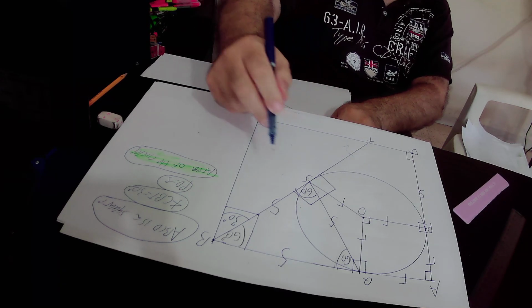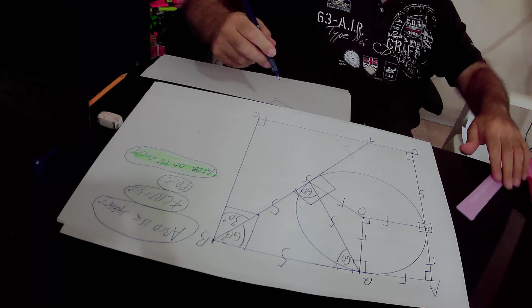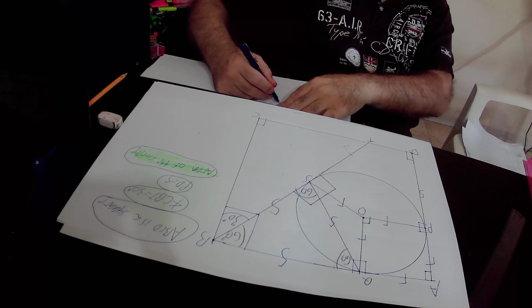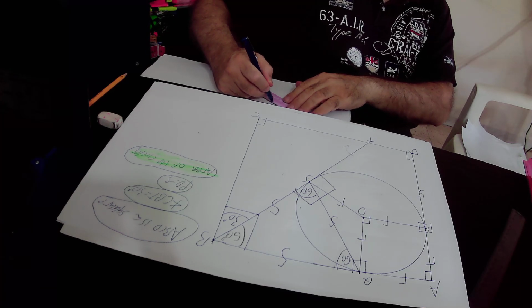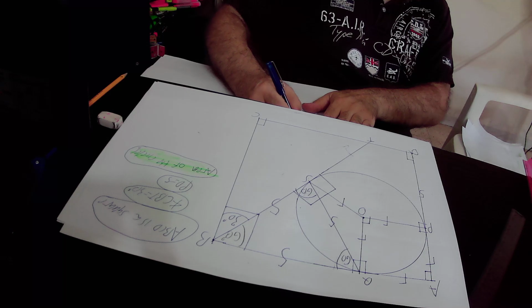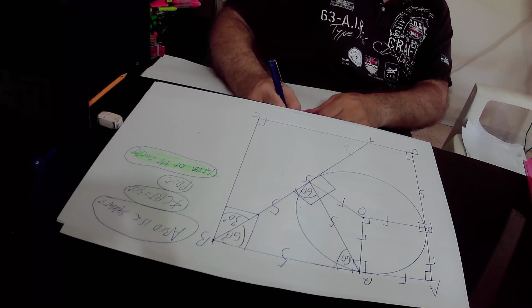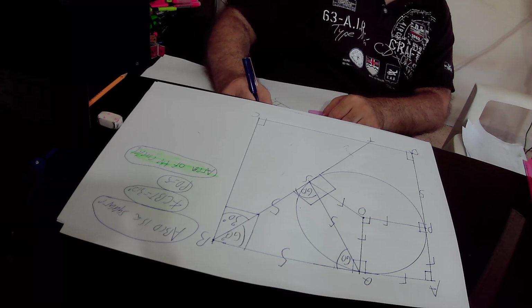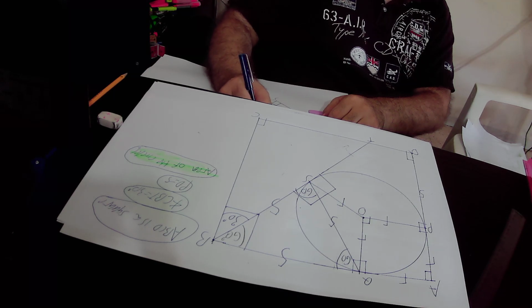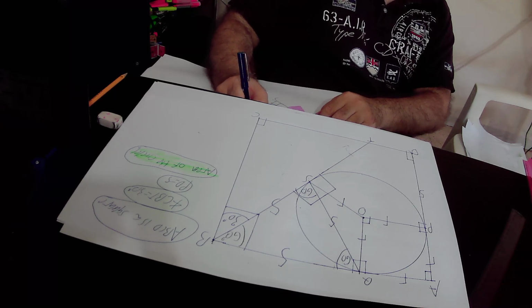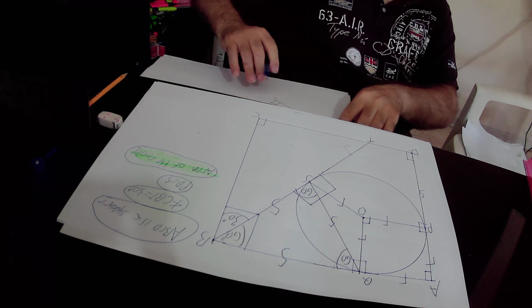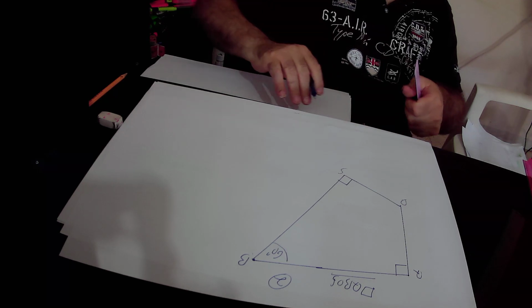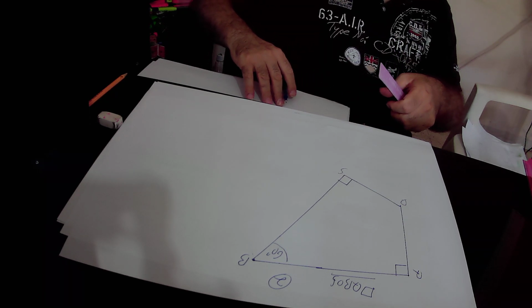Angle OSB equals 90 degrees according to rule number 1. So this is quadrilateral QBOS that I copied from the original drawing.